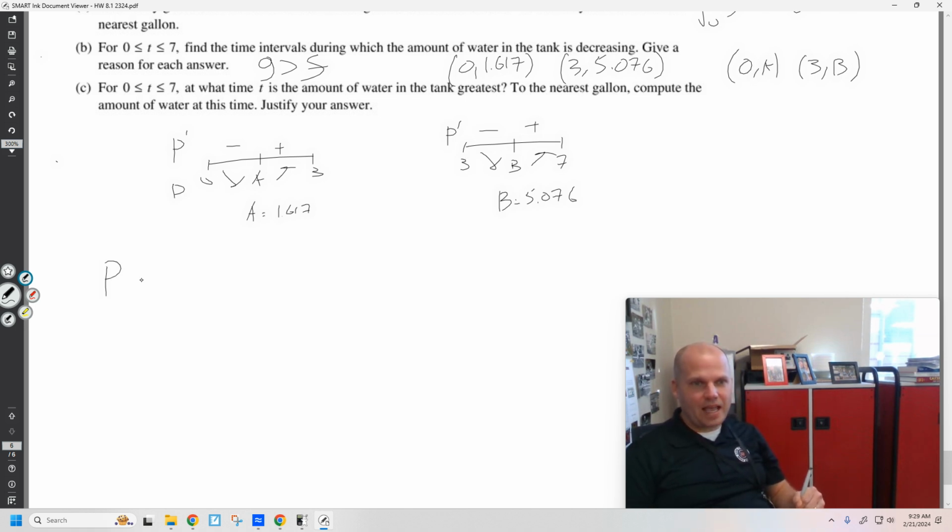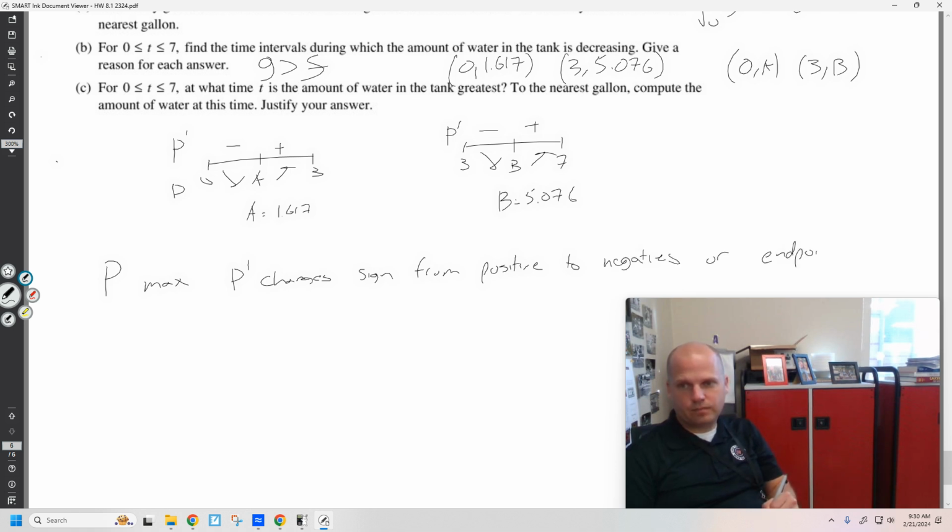P is going to be a max when P prime changes sign from positive to negative, or an endpoint.